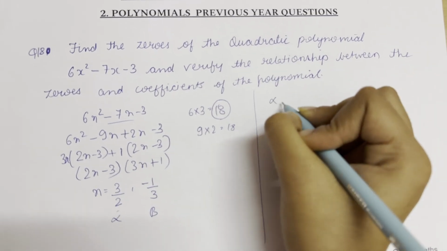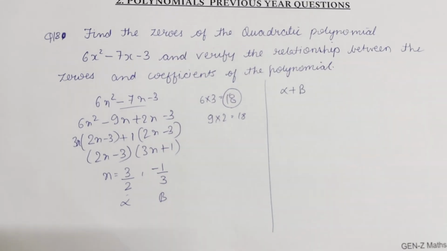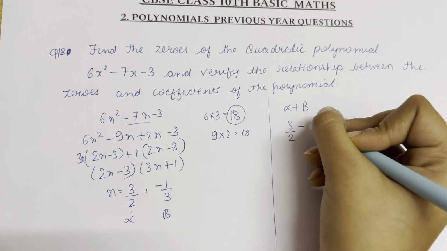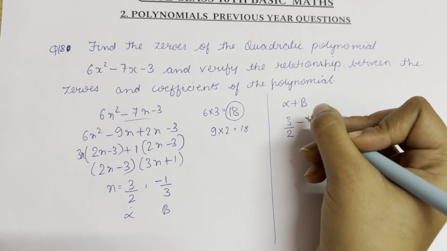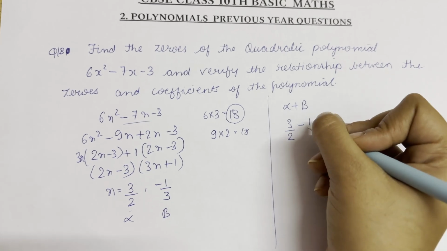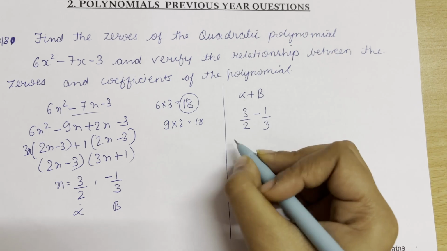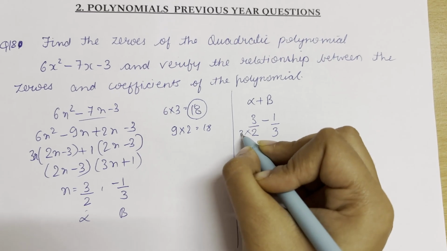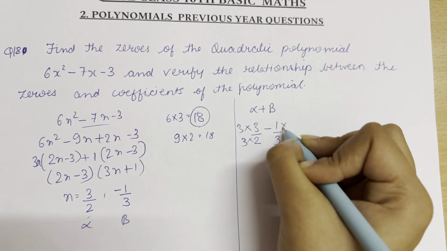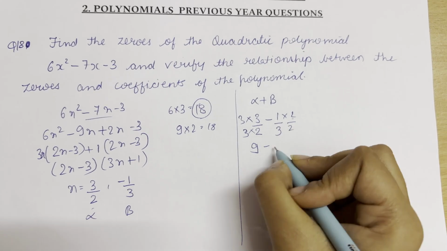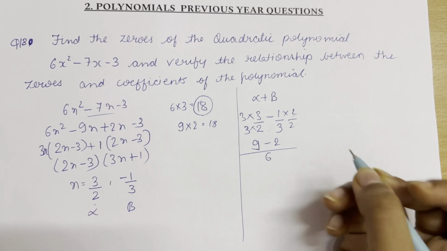Now I verify the relation, alpha plus beta. So 3 by 2 minus 1 by 3, as plus into minus will become a negative. On taking LCM, we need to multiply this value with 3 and this value with 2. I got 3 into 3, 9, minus 2 into 1 is 2, and 3 into 2 is 6.